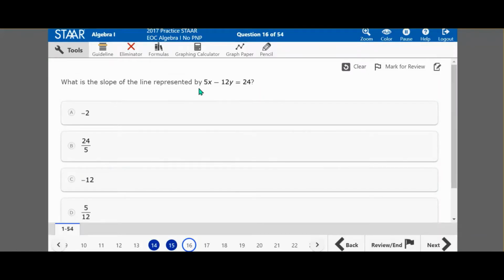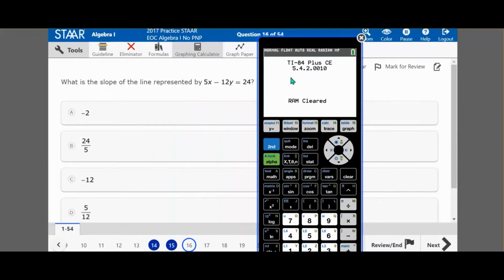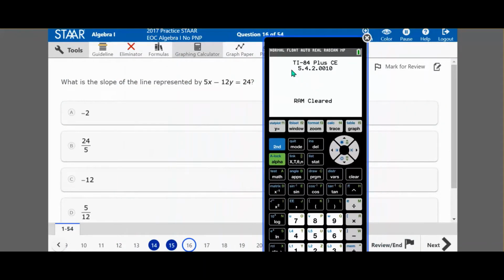Which is the slope of the line represented by 5x minus 12y equals 24? One thing I like about this software is that they give you the graphing calculator right here, so it's easier for me to show. In this question, what is the slope?